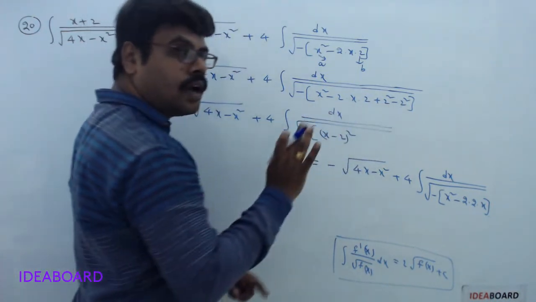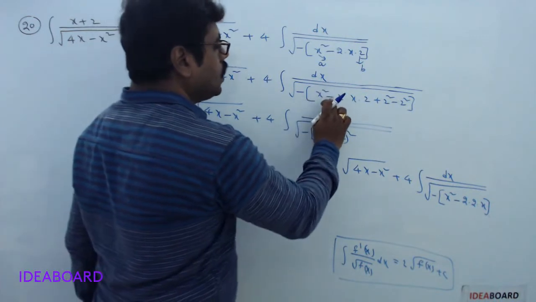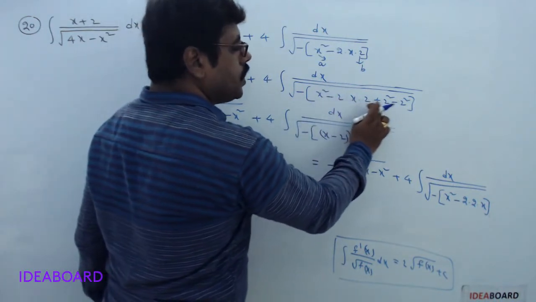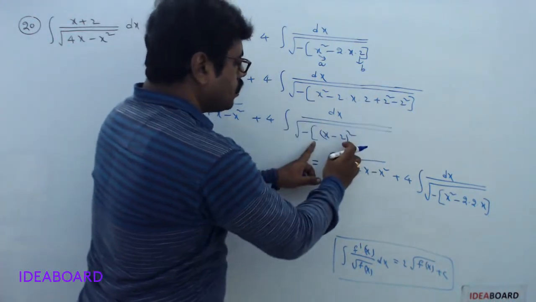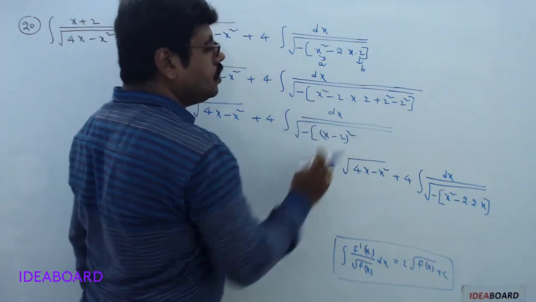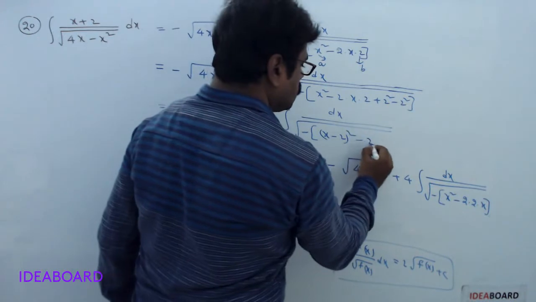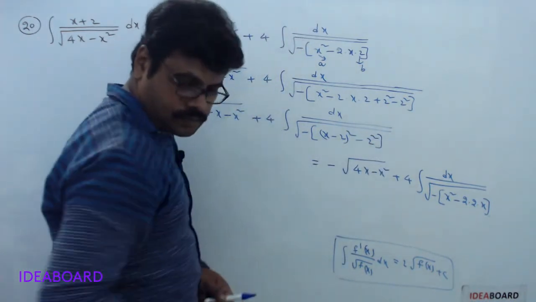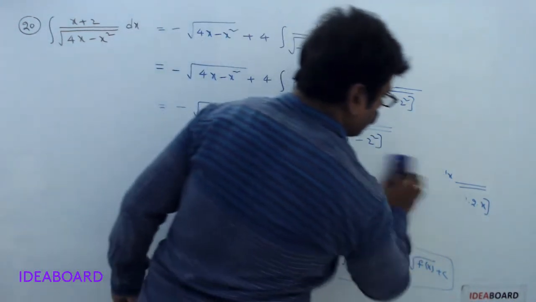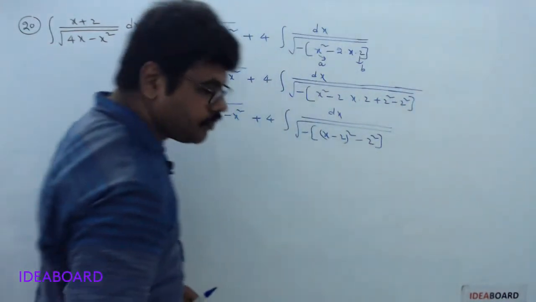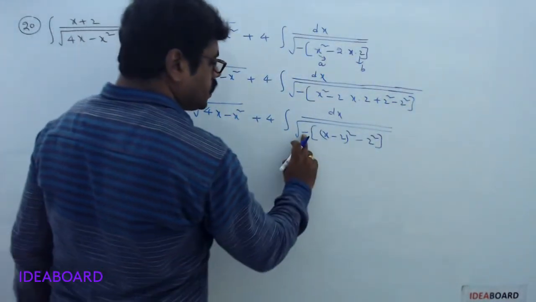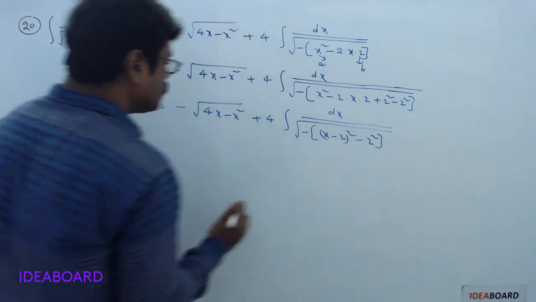These three terms are of the form a square minus 2ab plus b square. So this expression can be written as x minus 2 whole square minus 2 square. Now here you can multiply this negative sign with these two terms.